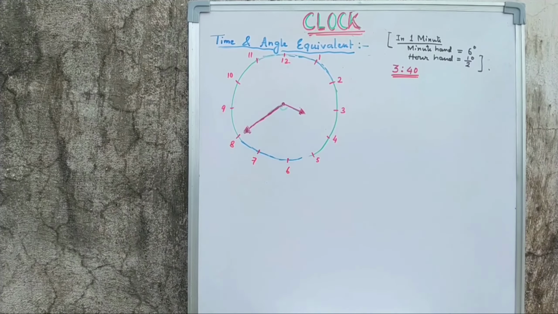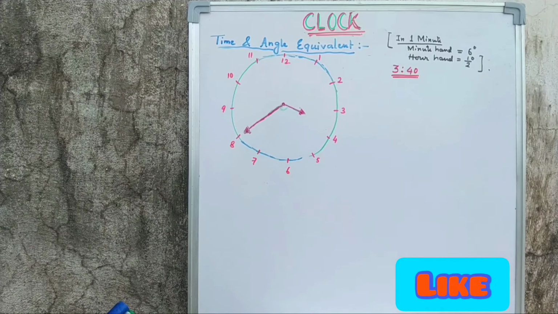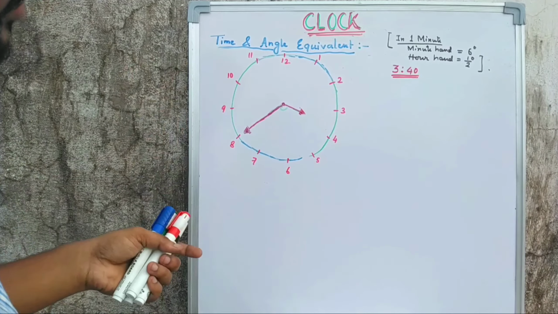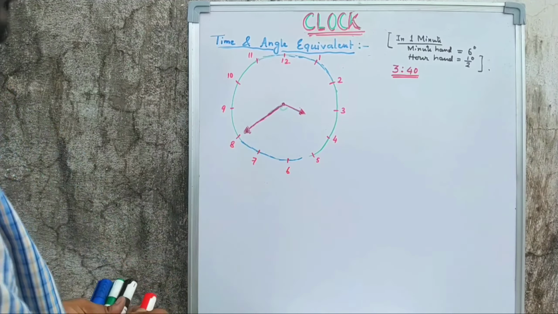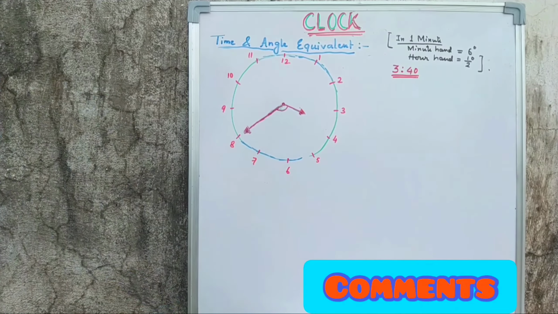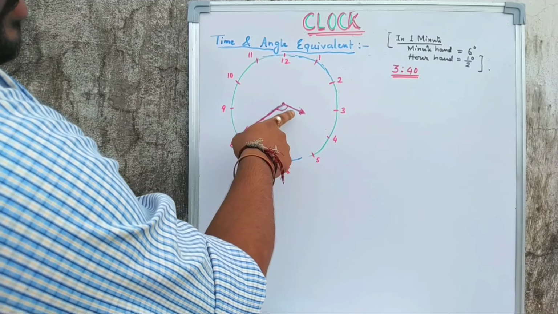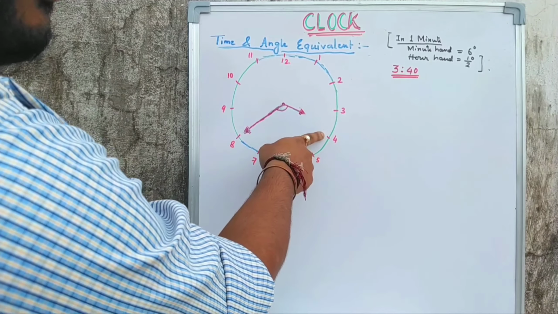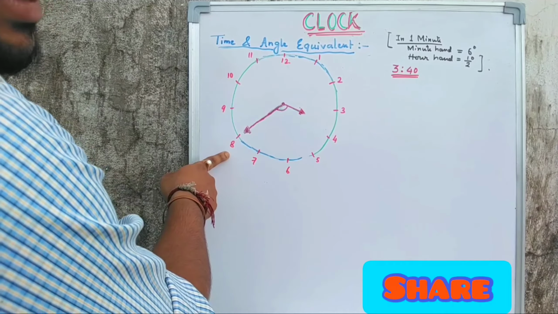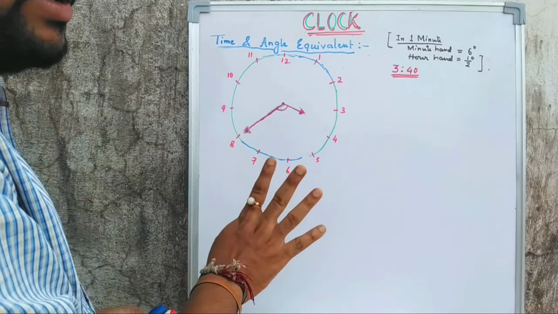Here you can see the second example, at 3:40. What is the angle between the hour hand and the minute hand? First of all, you need to know that at 3:40 the hour hand will be in between 3 and 4, and for 40 the minute hand will be exactly towards 8, because 5 into 8 is 40.